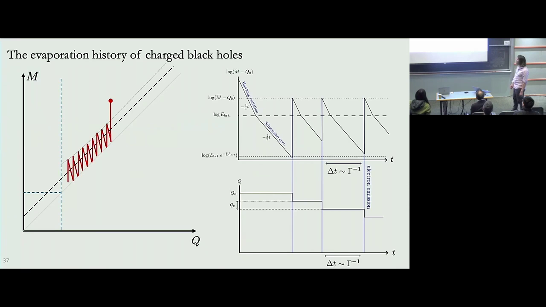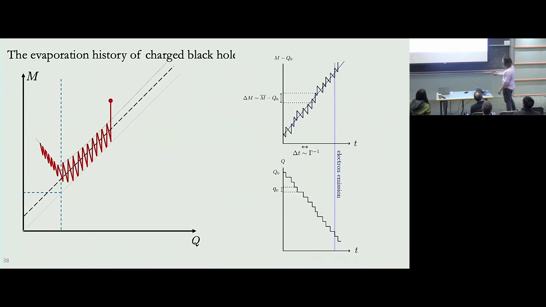And the process just repeats itself over and over again at time intervals of order the pair production rate inverse. So you stay very close to extremality in this tiny band up to the point where the instanton action becomes close to 0. And at that point, you just radiate charged particles at an extremely fast rate. So yeah, this is what this process is showing.